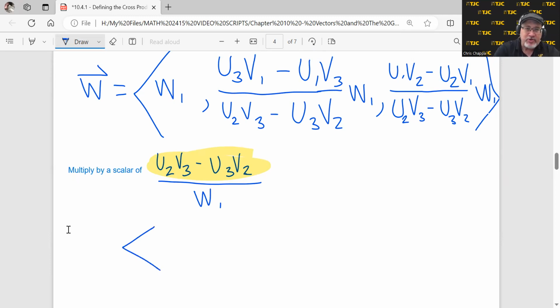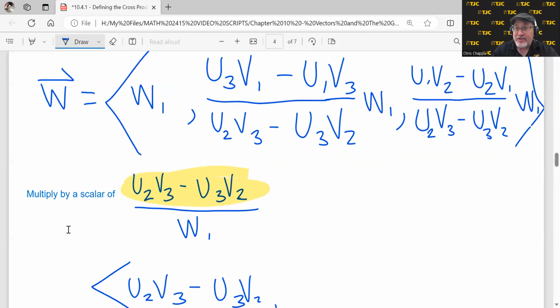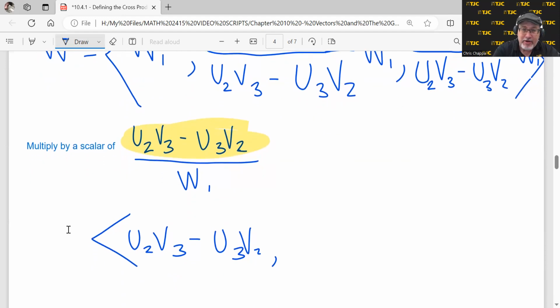The first component loses the W1 and picks up U2 times V3 minus U3 times V2. The second component loses its W1 and its denominator and becomes U3 V1 minus U1 V3.